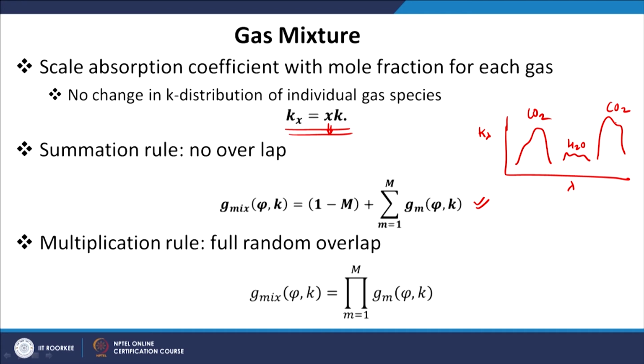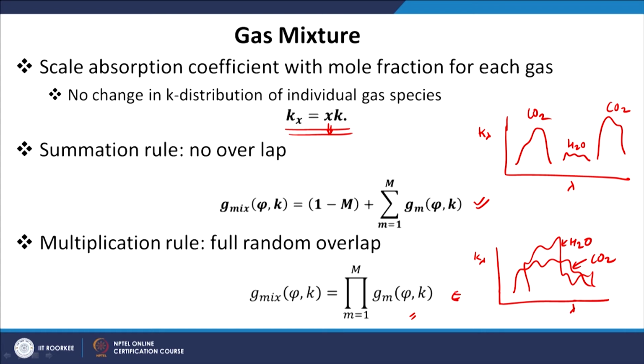You can also use the multiplication rule, you can multiply individual k distributions and find the mixture k distribution. This gives you good accuracy when there is full overlap. That means you have one gas, say CO2, and another gas, say H2O, and there is full overlap between absorption coefficients, then this method will give you better results.